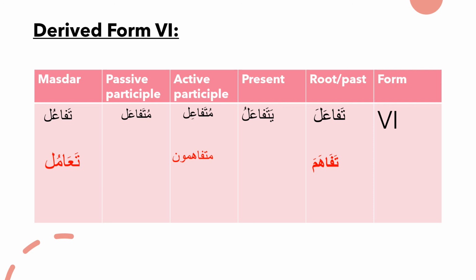Nahnu natafaham is we understand each other. And then mutafahimun is like we have an understanding. So nahnu mutafahimun is like we're on good terms. We get on, we have a good understanding with each other.